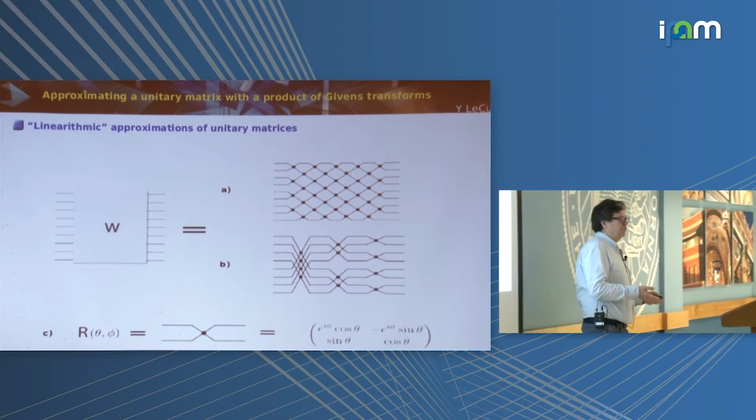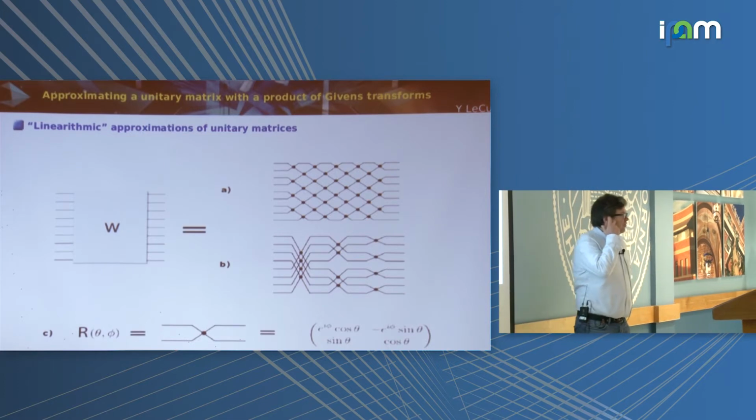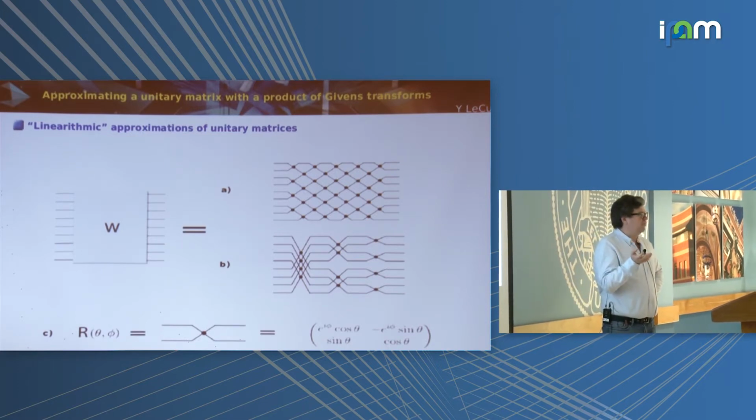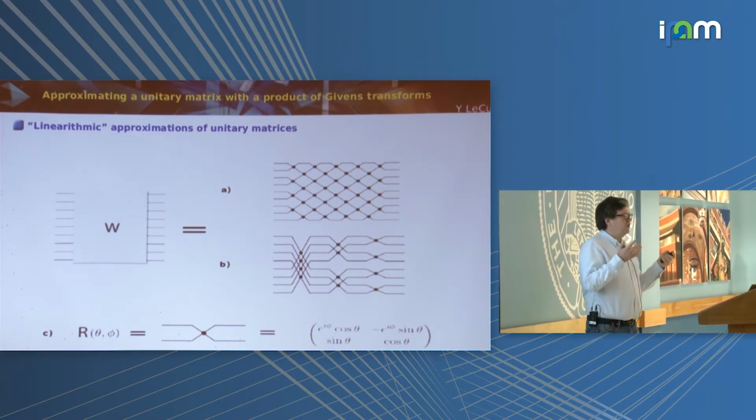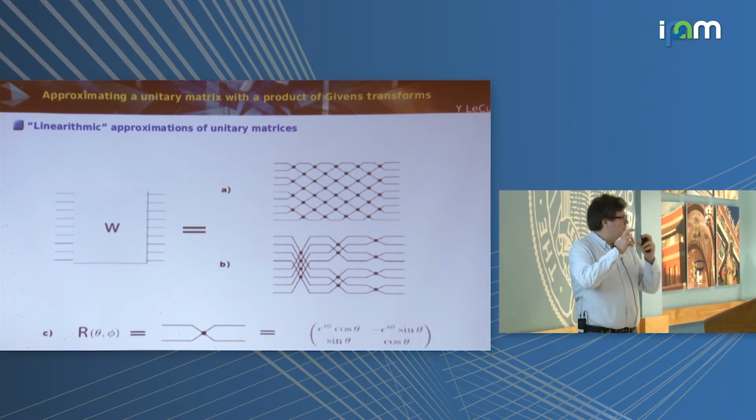This is a conjecture, it's not a theorem. And we set out to test this because it would be very interesting if we could approximate any rotation we want sufficiently closely with n log n elementary rotations.